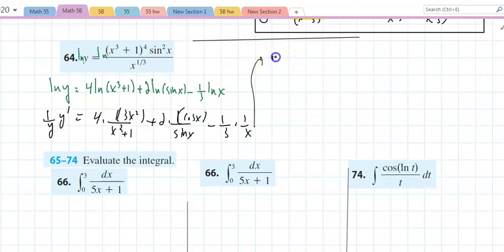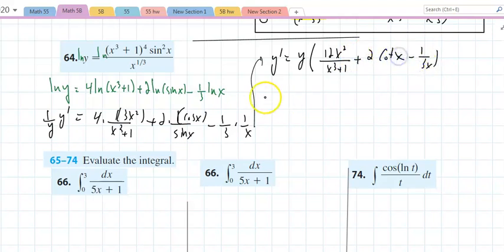I could say y prime is y times 12x squared over (x cubed plus 1) plus twice the cotangent of x minus 1 over 3x, and I could say y prime is, put y back in, and there it is.